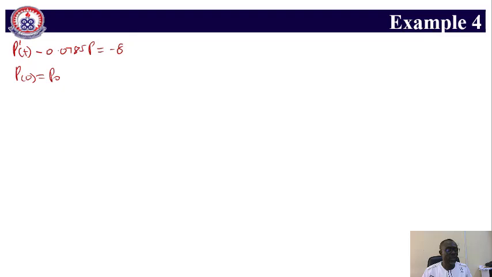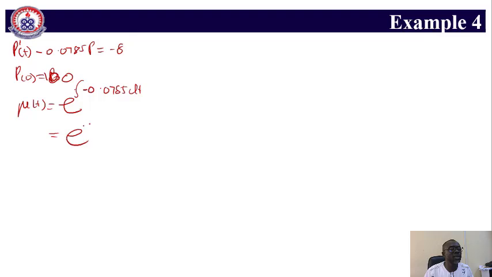To solve this, it is a first order linear equation, so I'm going to use the integrating factor. P naught is 100. The integrating factor mu of t is e raised to the power integral of negative 0.0785 dt, which is going to give us e raised to the power negative 0.0785 t.